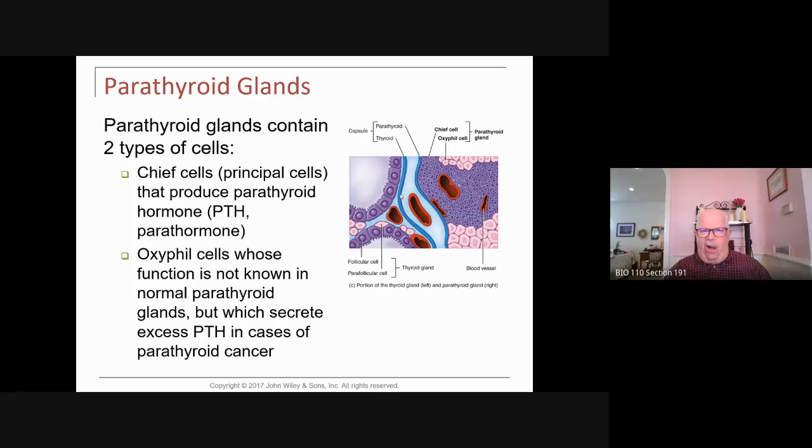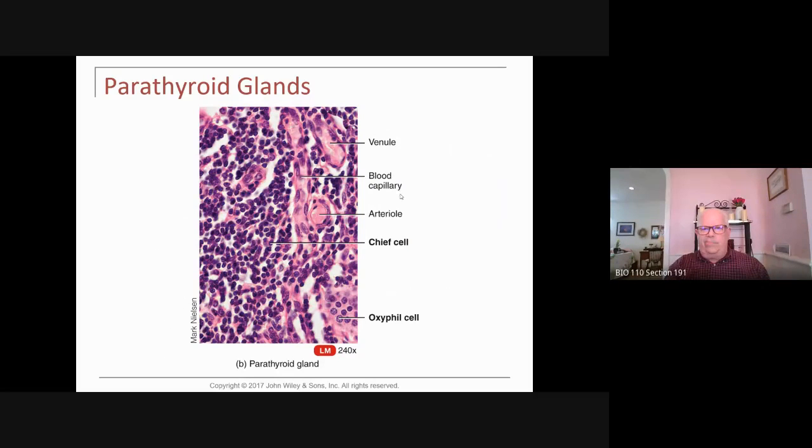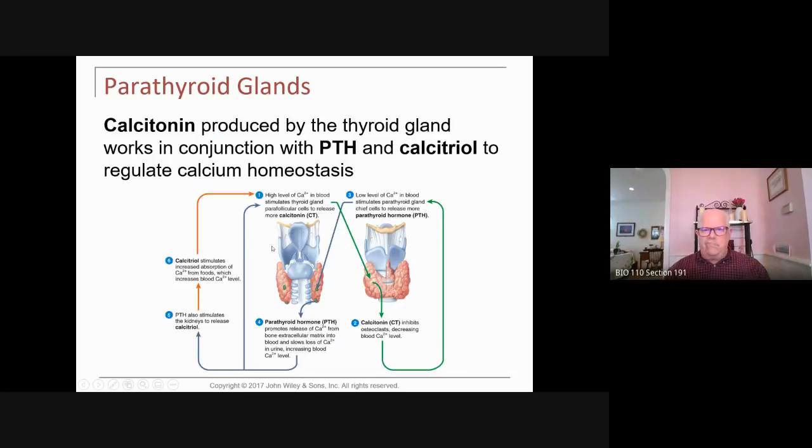Okay? It's all calcium levels. And here's the chief cell right here. So, calcitonin is produced by the thyroid gland, and it works in conjunction with PTH from the parathyroid gland and calcitriol.